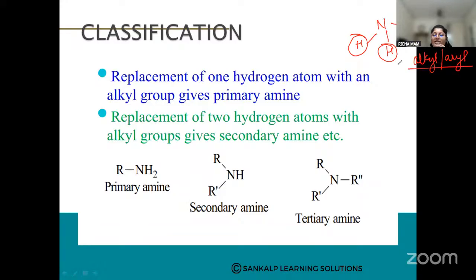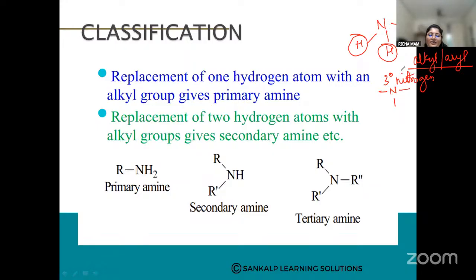Then they give rise to tertiary amine. The functional group is represented like this, a tertiary nitrogen is present here.